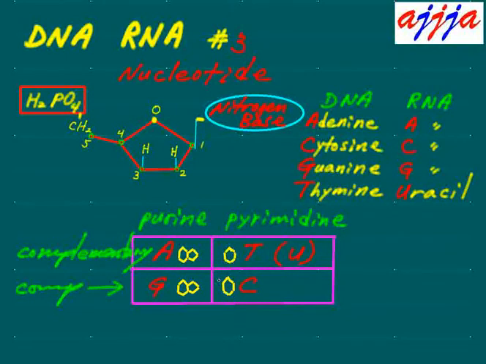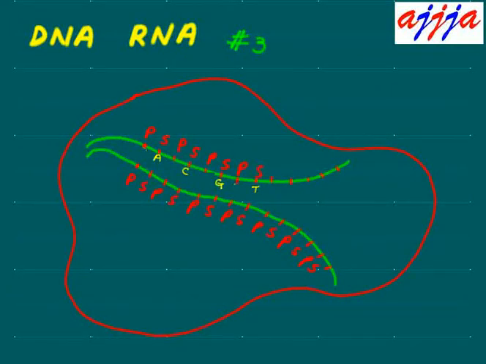Now when you transfer from DNA to RNA, instead of T you have to use U. So from DNA to RNA, A goes to U, not A to T. That's the only difference. So complementary-wise, AU and GC and CG. That's it.